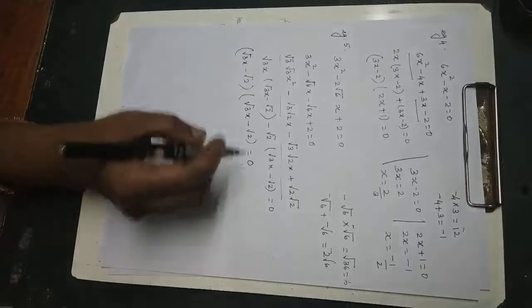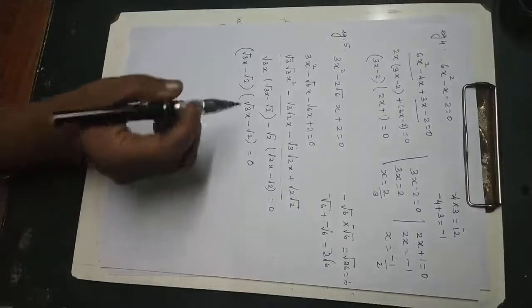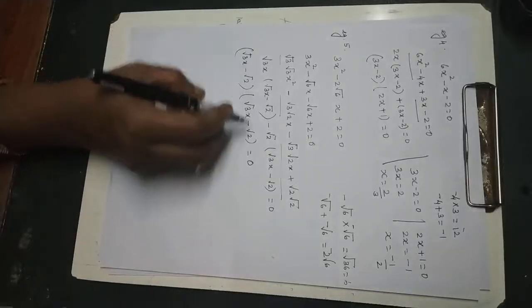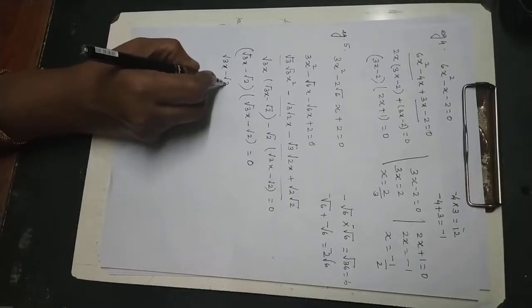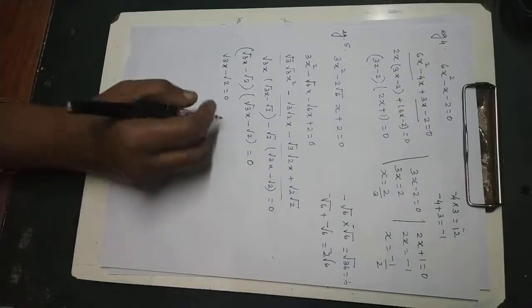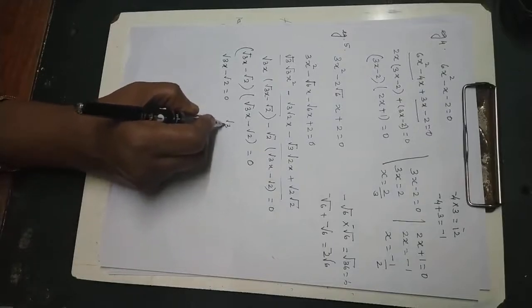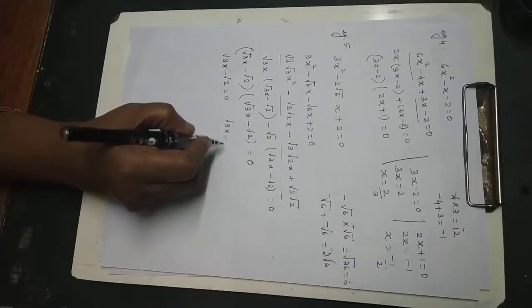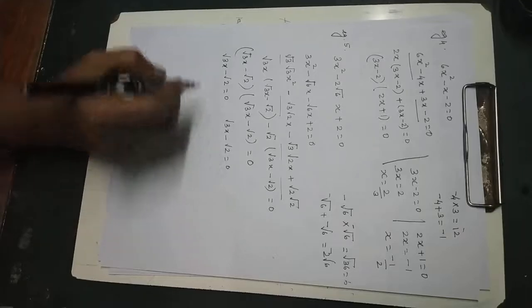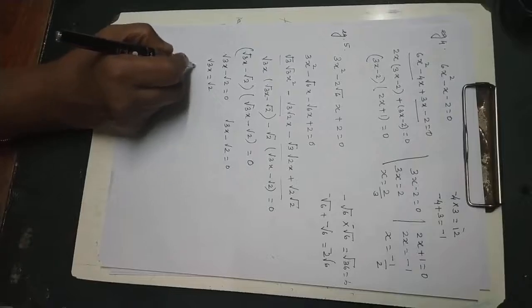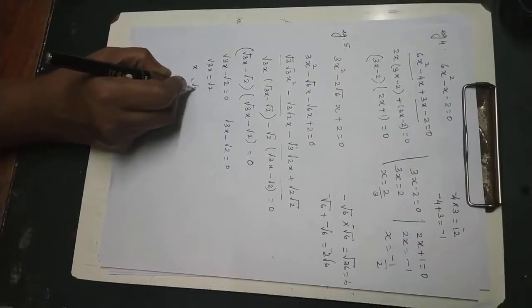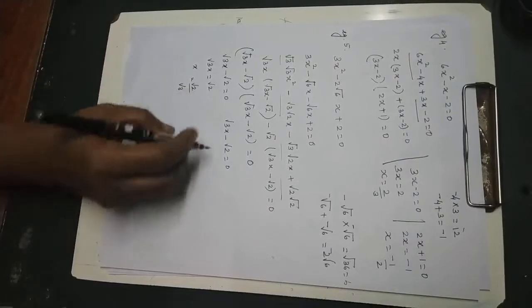Equate that to 0. So root 3 x minus root 2 equal to 0, and the same will come again: root 3 x minus root 2 equal to 0, or root 3 x is equal to root 2, or x is equal to root 2 by root 3.